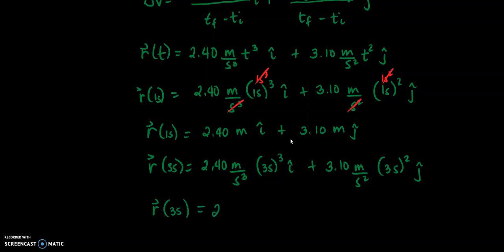Okay, so we have 2.40 meters per second cubed. 3 seconds cubed is 27 seconds cubed, i hat, plus 3.10 meters per second squared. 3 seconds squared is 9 seconds squared, j hat.